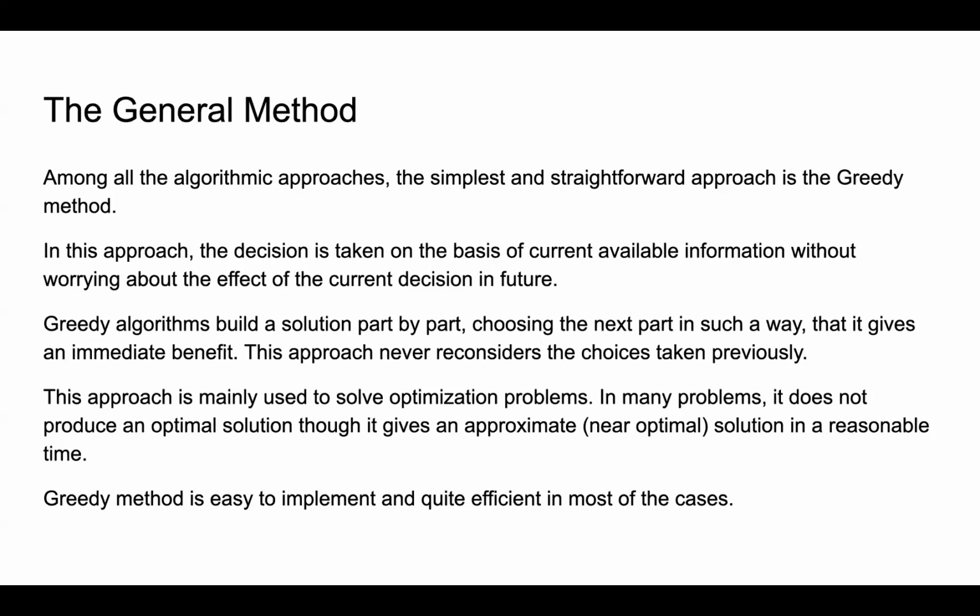So these are efficient ones. Greedy methods are efficient and easy to implement also. We will see with the help of examples. So the first example we are going to consider in case of greedy methods is the knapsack problem.